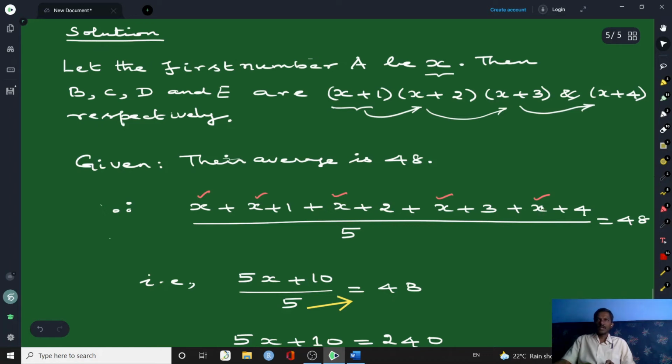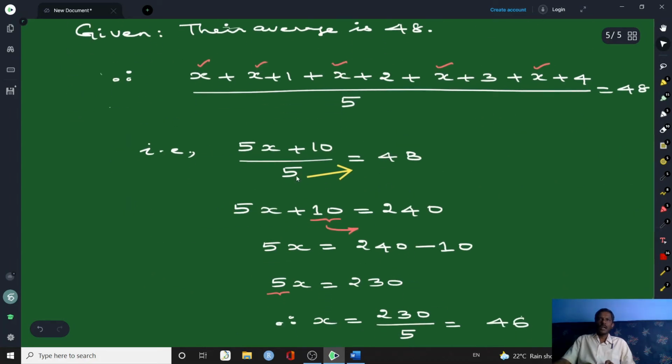Now look at the X's. How many X's are there? 1, 2, 3, 4, 5. 5 X's are there, and when you add 1 plus 2 plus 3 plus 4, you will get 10. So 5x plus 10 over 5 is 48, and you cross multiply 5 with 48 to get 240 on the right hand side, and the left hand side remains 5x plus 10.